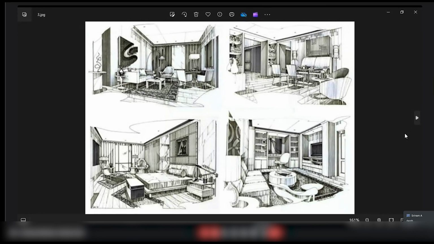So from here onwards, we will consider our drafting tool as a pencil or a pen or a highlighter. When I say drafting tool, I mean whatever tool you use to draft your drawing, correct?